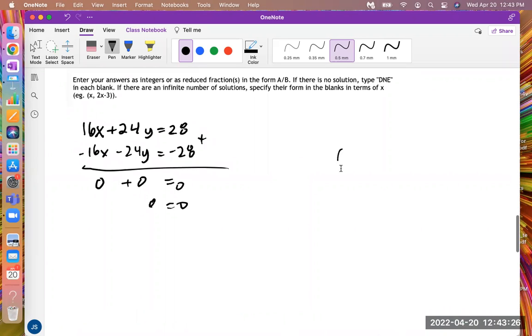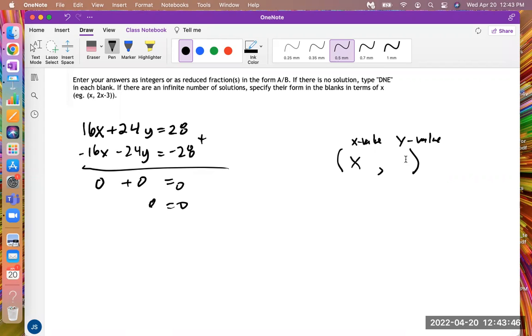All solutions to a system of equations are an ordered pair, an x value and a y value. Since there's infinitely many solutions, they usually like to say the x value, just let it be x.